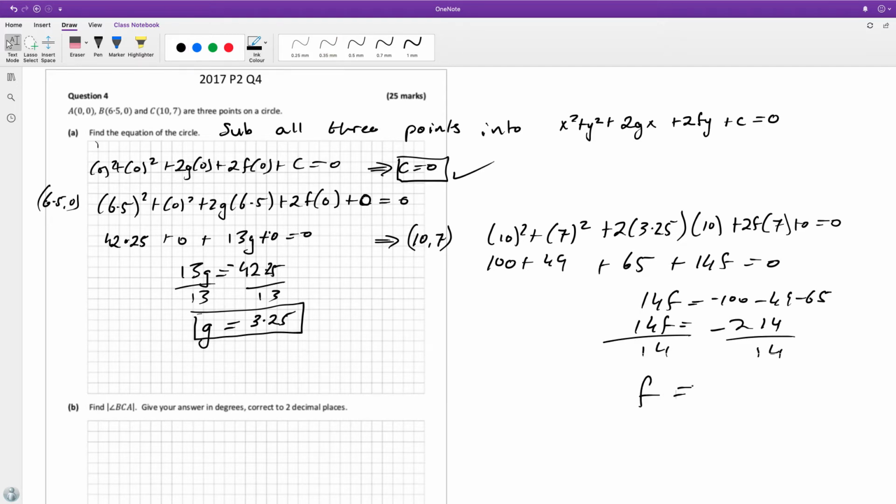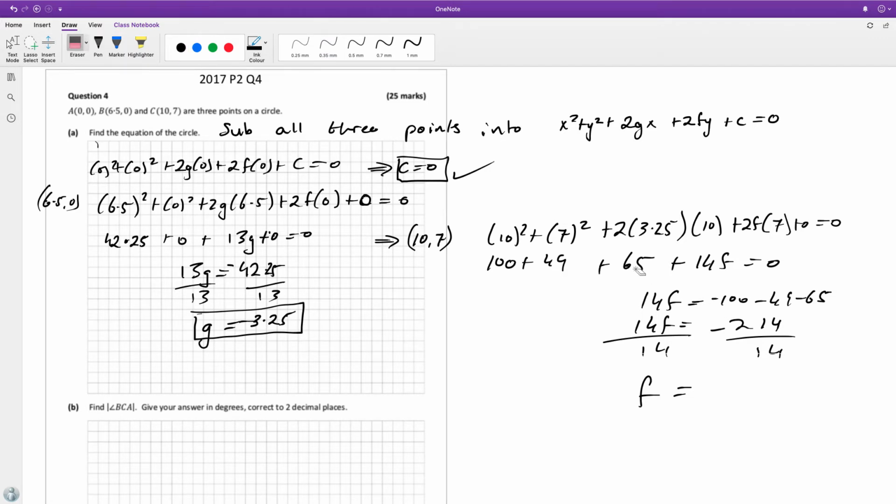f is equal to that divided by 14. What are you getting, guys? I had it. Minus 3.25 it is. I brought this over and forgot to put in the minus. It's minus, yeah.